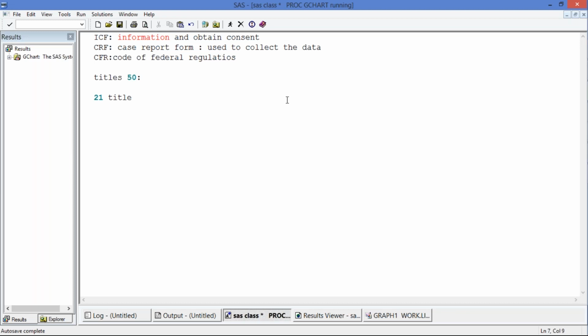That means anything related to food and drug will be under Title 21. Title 45 is public welfare.